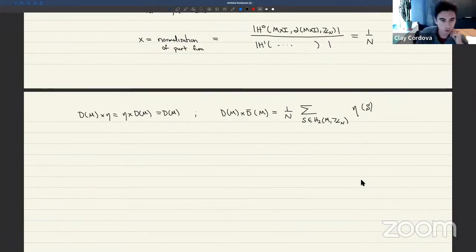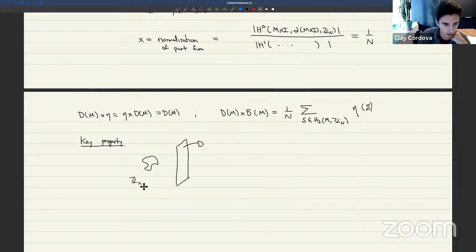Okay, so there's this key property, which again we should write. So if here is our defect D on M, and here is some Zn one-form charged loop, then if we move D past this, we'll keep D here.